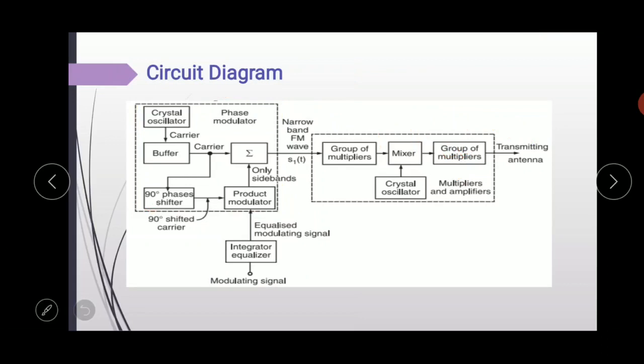The modulating signal x(t) is passed through an integrator before applying it to the phase modulator.